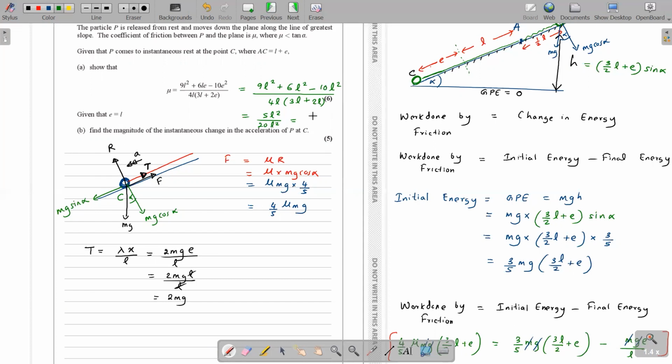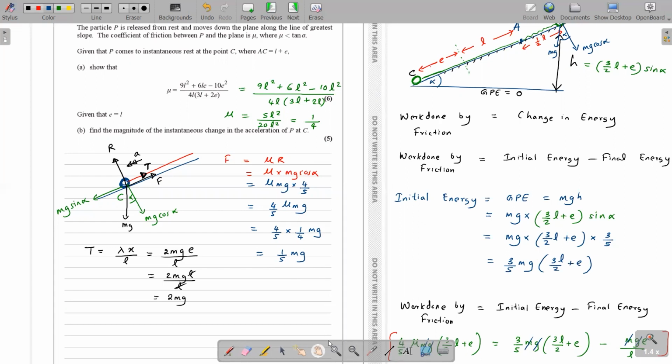L square cancels and you get mu is 1 over 4. So we get a simplified answer for mu. Input that value: 4 over 5, mu is 1 over 4 mg. 4 to 4 cancels, 1 over 5 mg is the friction.